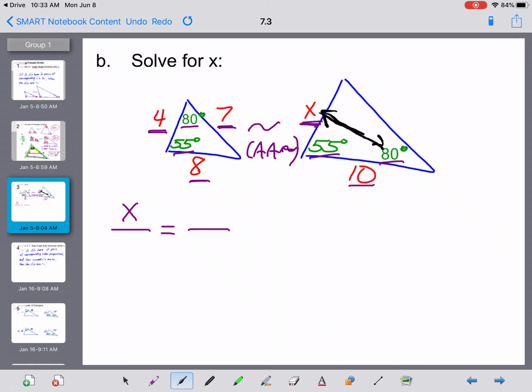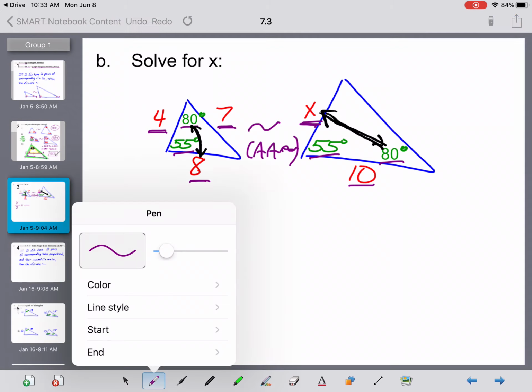The x is located across from the 80-degree angle. That means that if we started at the 80-degree angle here and went across from it, the 4 and the 7 are adjacent to it, but it's the 8 that's across the triangle from the 80-degree angle. So the x corresponds to the 8 in the first triangle because they're both across from the 80-degree angle.